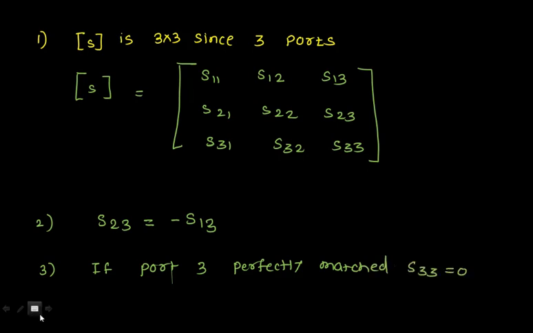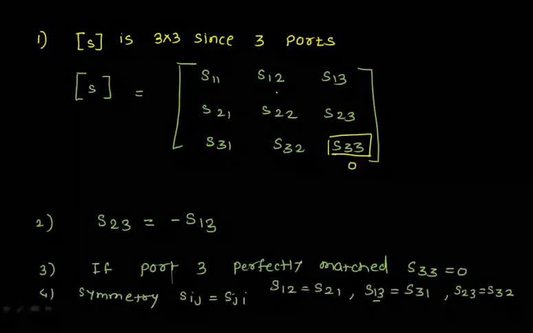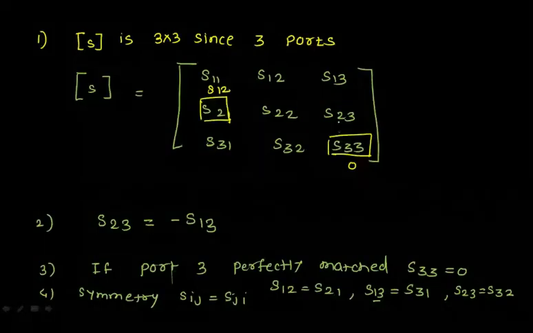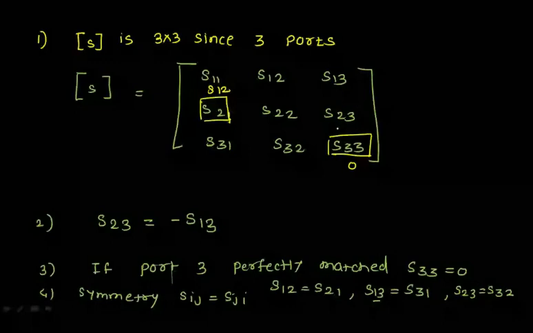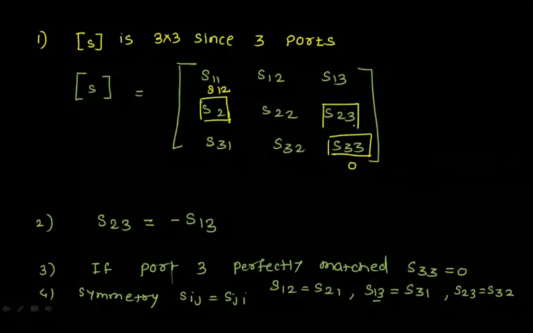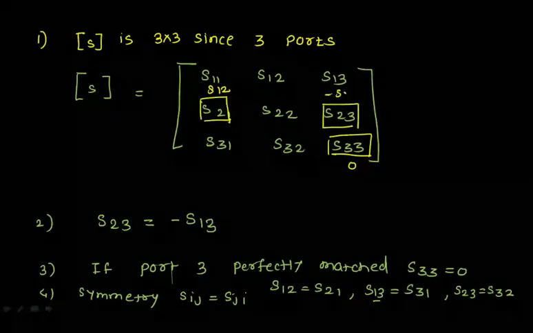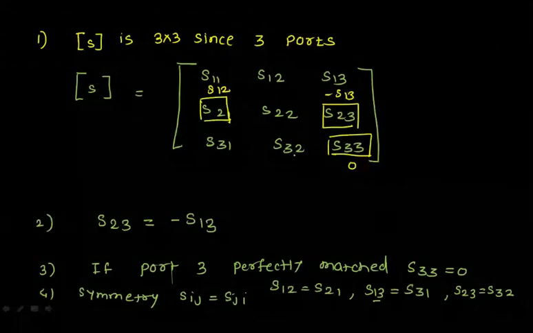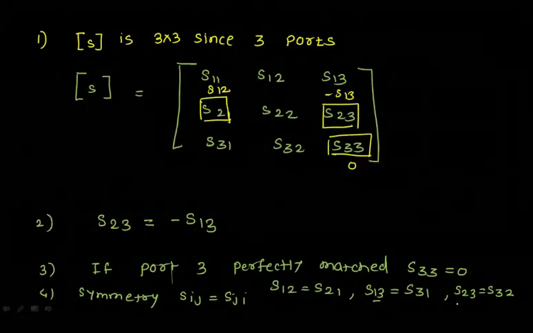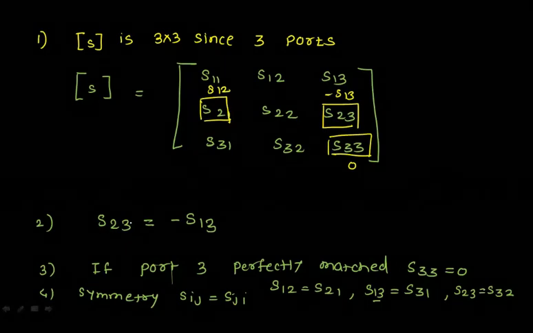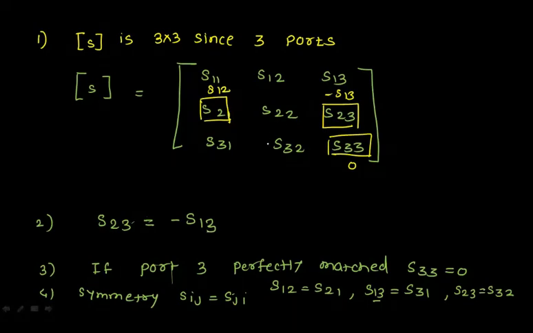Now 4, from the property of symmetry, here you will replace this with S12. Okay, now S13 and S23. What is the relation between S13 and S23? S23 is minus S13. Okay, and S32, because of the symmetry property, will be S23, and S23 will be minus S13.